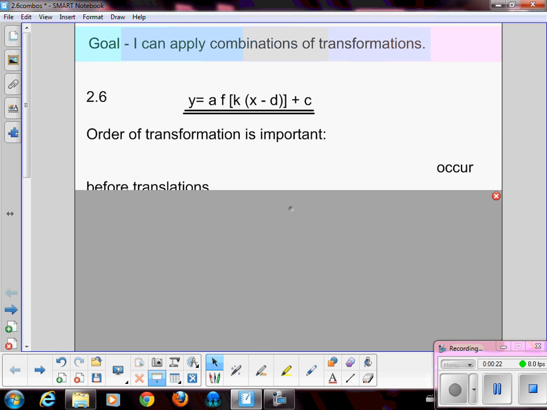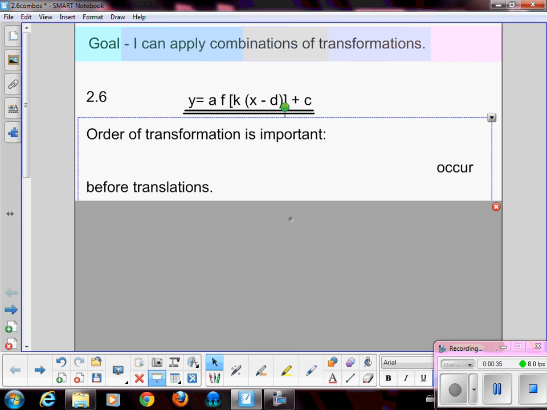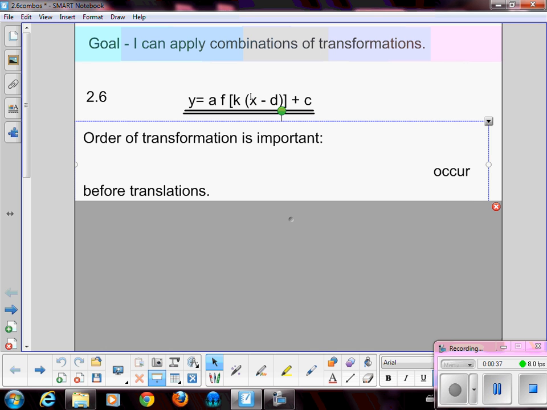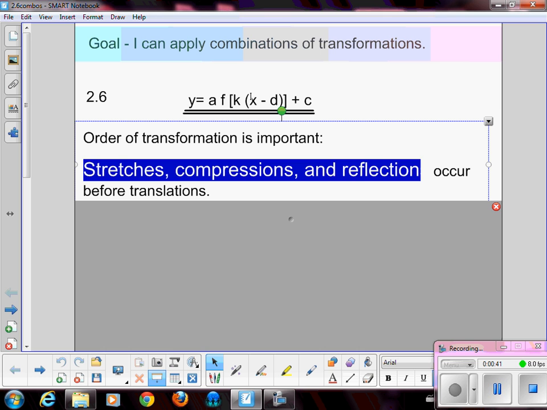Okay, now it's really important to understand that the order of transformations is important. So you just can't do whatever you want first. So it's something like order of operations in the sense that we have to follow certain rules in order for that to occur.